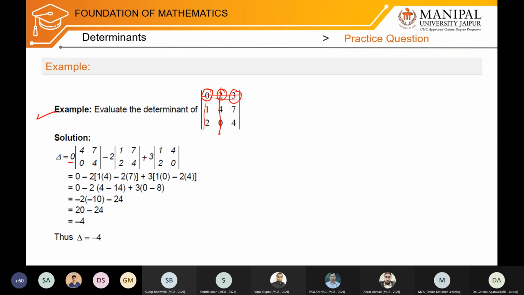Same with this 3 element. Then we can solve each 2 cross 2 determinant easily. 4 into 4 minus 0 into 7, but it is multiplied with 0, so it is 0. Then minus 2 times (1 into 4 minus 2 into 7), plus 3 times (1 into 0 minus 2 into 4). After simplification, we get the determinant, that is minus 4, right?